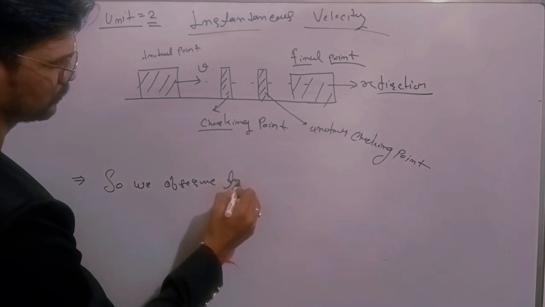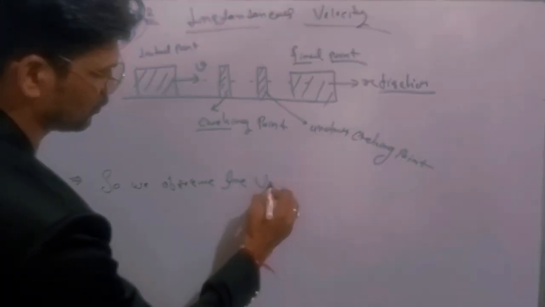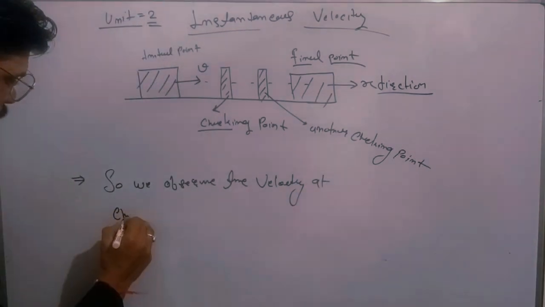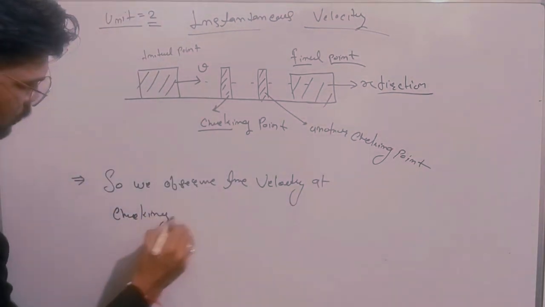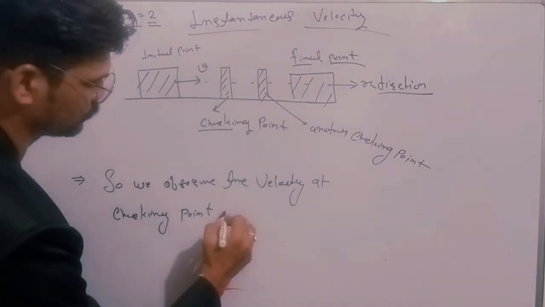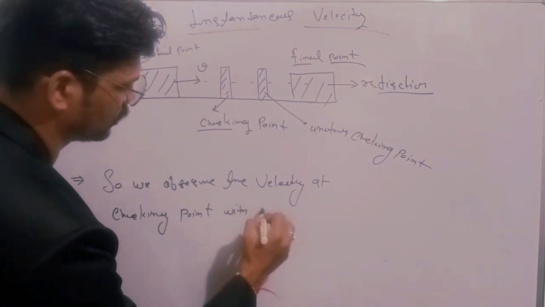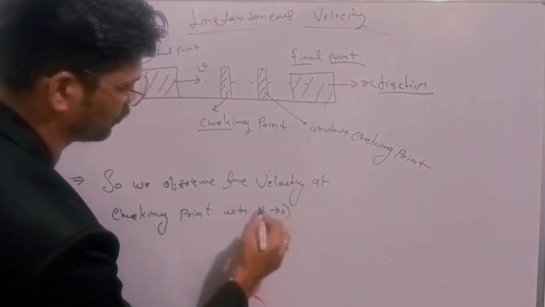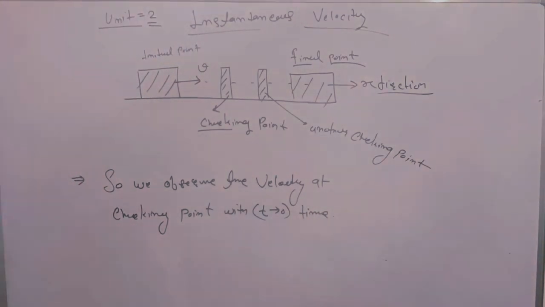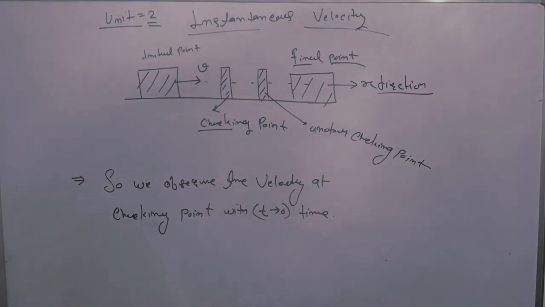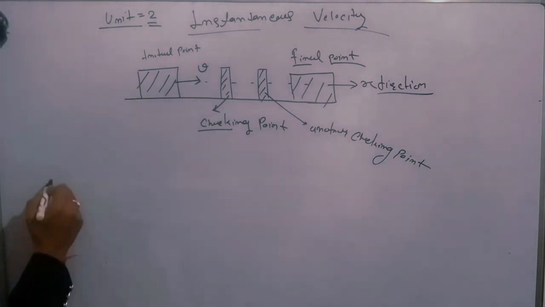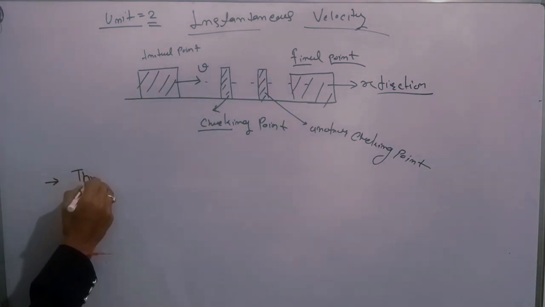Then we will measure the instantaneous velocity on the instantaneous point. So we observe the velocity at the checking point with t tends to 0 time.